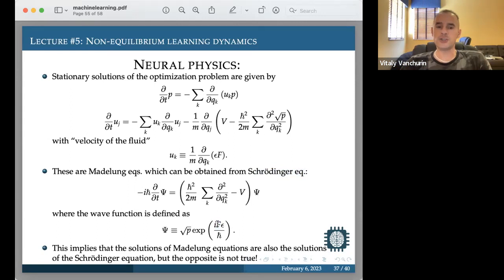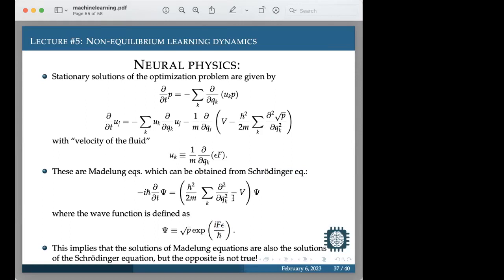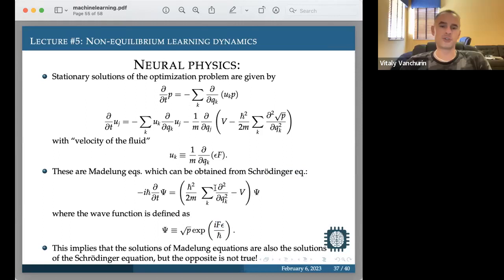Any discontinuous changes by 2 pi of this F epsilon over h bar are not noticeable. They're completely smooth with respect to the Schrodinger equation. And so if we restrict ourselves to only Madelung solutions, we forget about all of the important quantum solutions. I see.